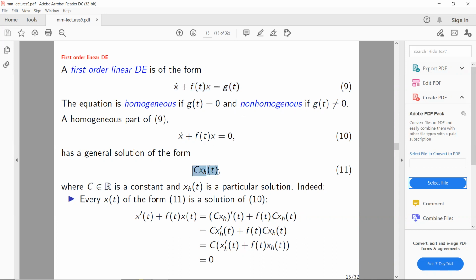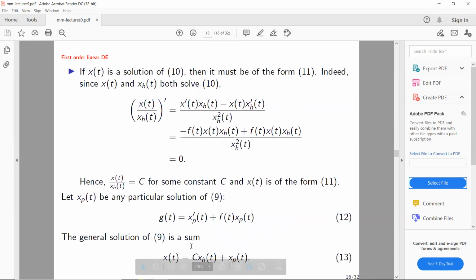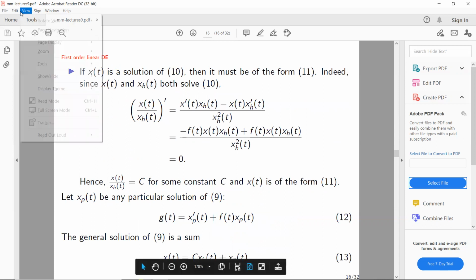So now we have a homogeneous solution. So the solution of the homogeneous part, we guessed or obtained one particular solution. And then all solutions of these first order linear differential equations are just such sums.